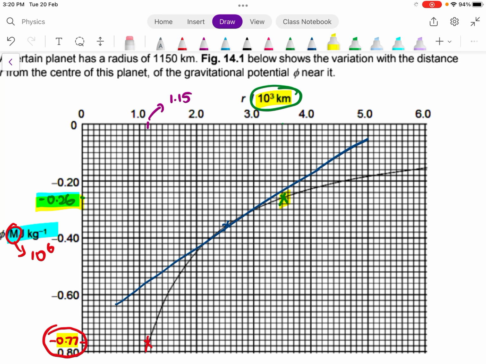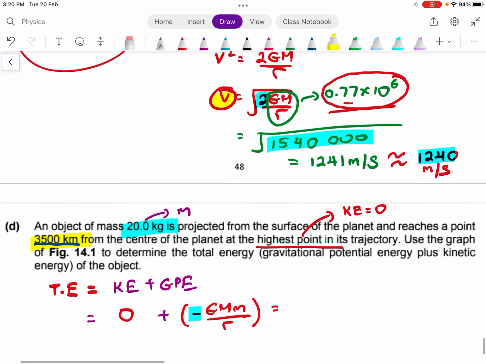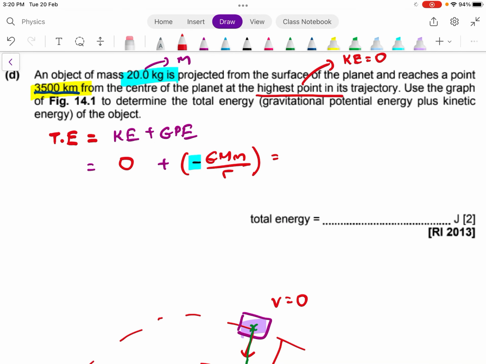So that is the gravitational potential at 3,500 kilometers. So let me just write down on this. Negative GMm over R, so it's negative GM over R, you multiply by m. So this whole thing right here is the negative 0.26 times 10 to the power 6, as seen from the graph.